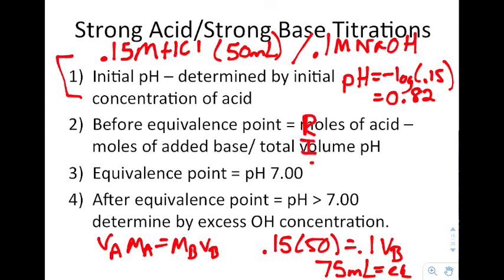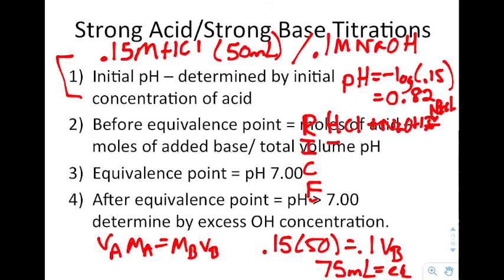I have HCl plus NaOH goes to NaCl and water. Initially I have, and this is where you have to be very, very careful, you want to do this RICE chart in moles so you can keep track of everything.